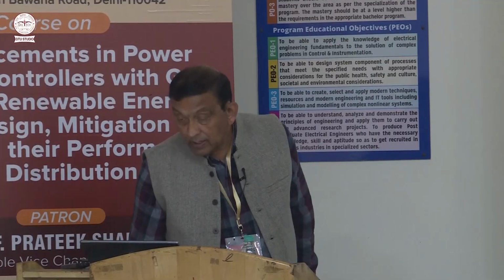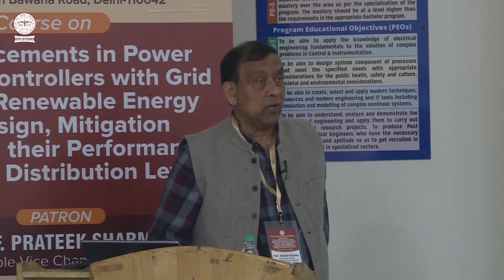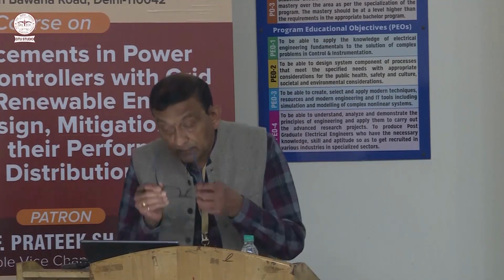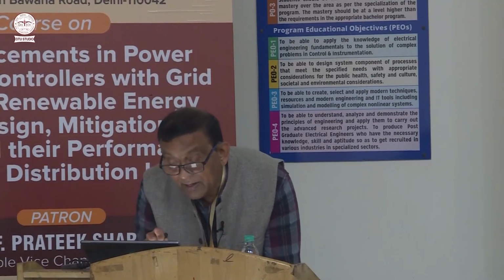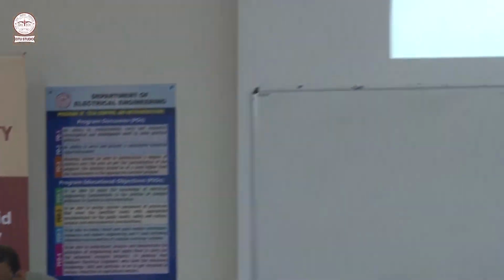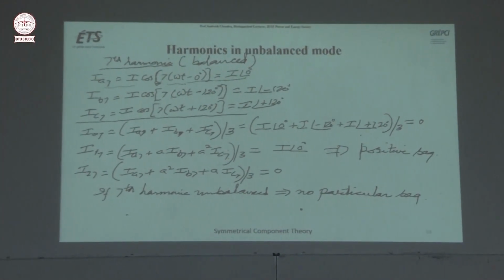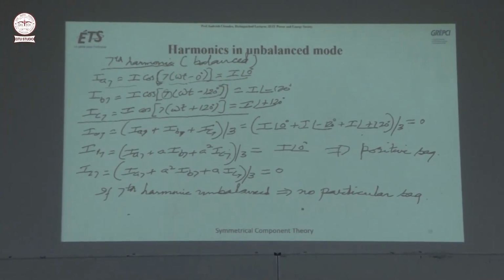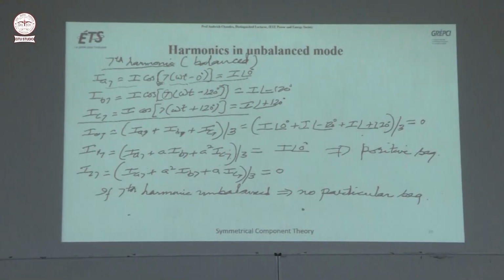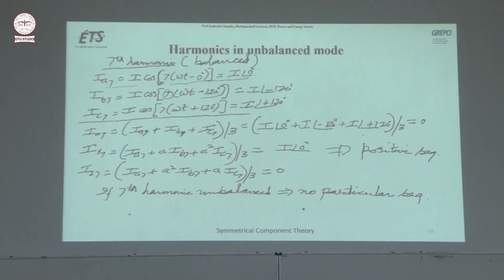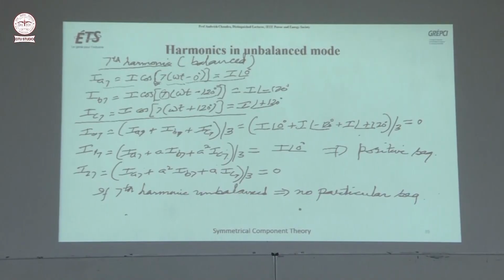Same way, you can check for the seventh harmonic. You see? So yesterday night I was doing this thing. For the seventh harmonic, you can write this equation, and 7 multiplied by 120, 6 multiplied by 120 will come out to 0. So it will remain minus 120.